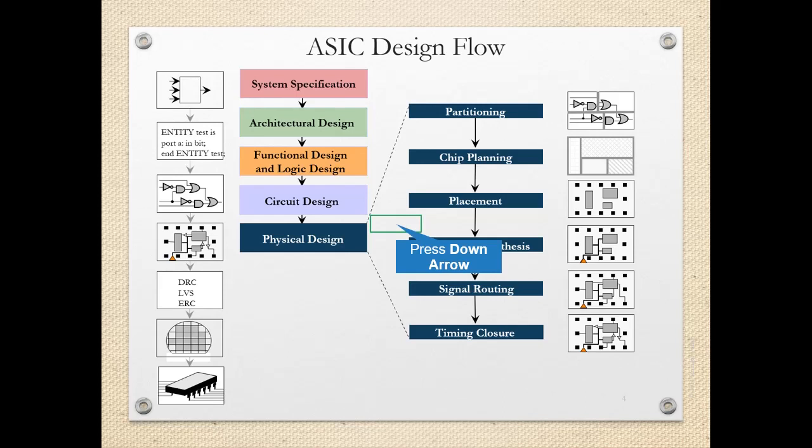So how the interconnections will be there, as per that the chip planning is done. Then decide the location of the cell in a block, that is nothing but the placement. So how those blocks will be actually placed on the chip, that is the next step.